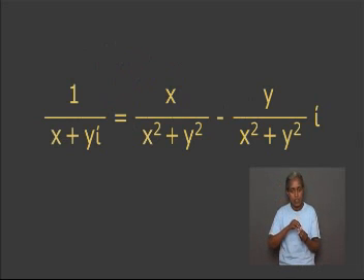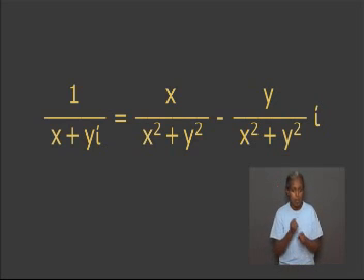For any non-zero complex number, which we express this way, its multiplicative inverse is given by this formula: x over x squared plus y squared minus y over x squared plus y squared times iota.